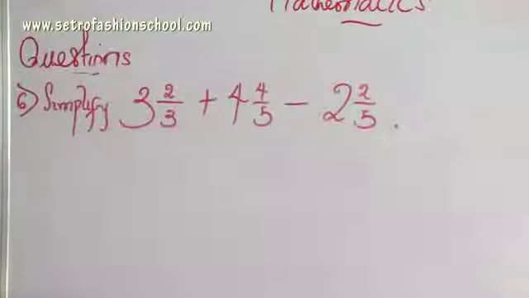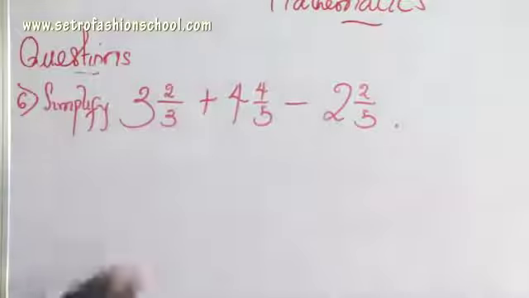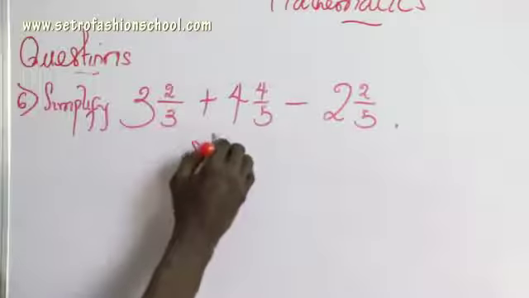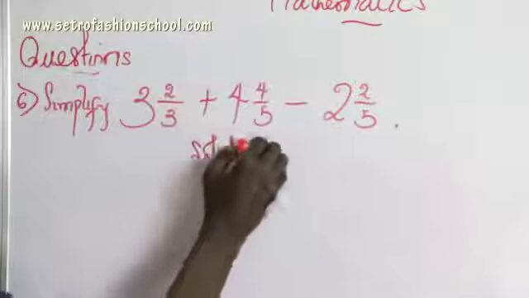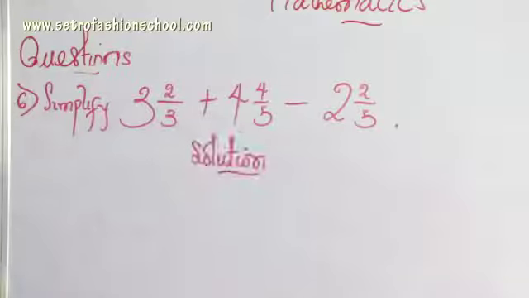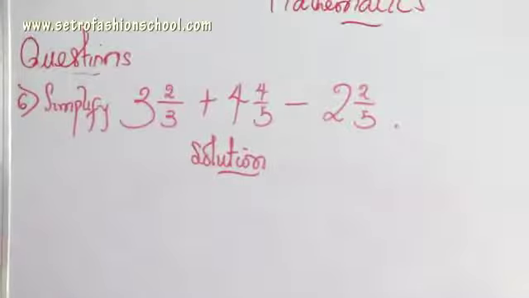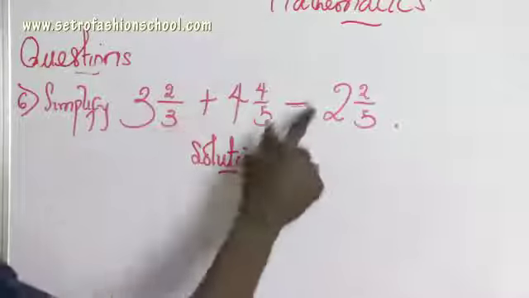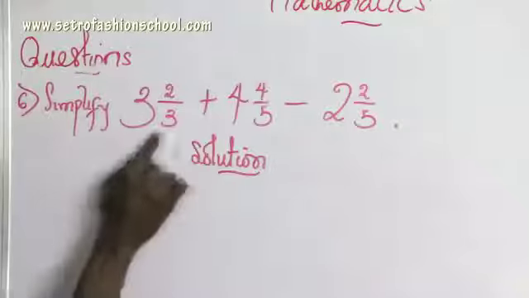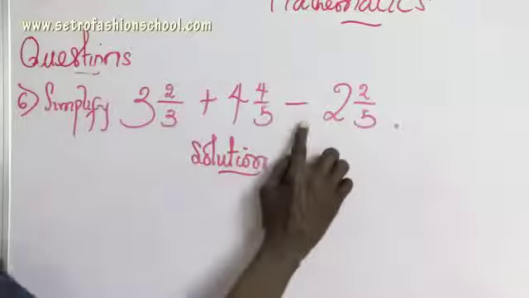What you are expected to do, the solution, is one, separate the fractions based on the sign in between them. For example, separate plus from minus, which means this and this must be separated from this one.